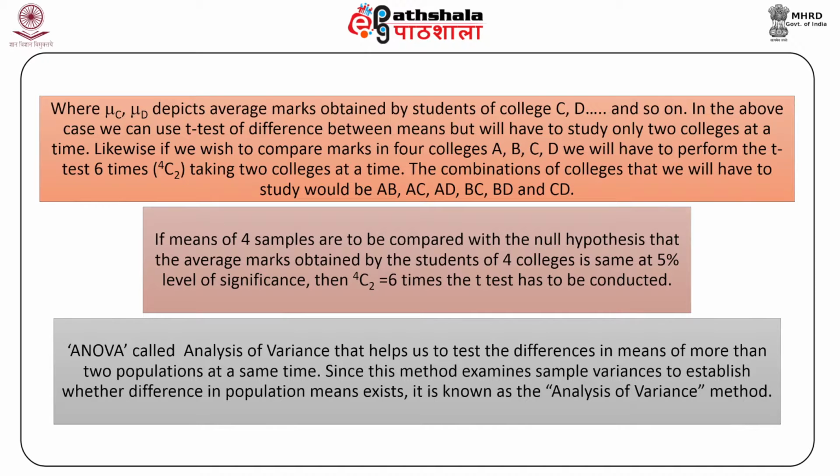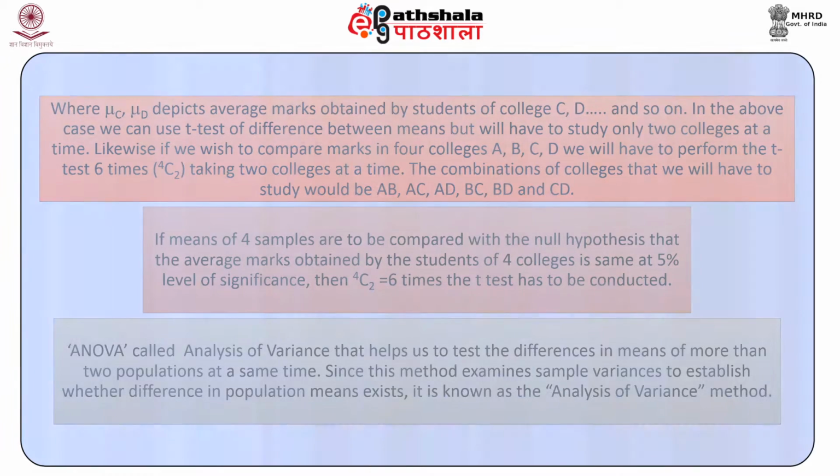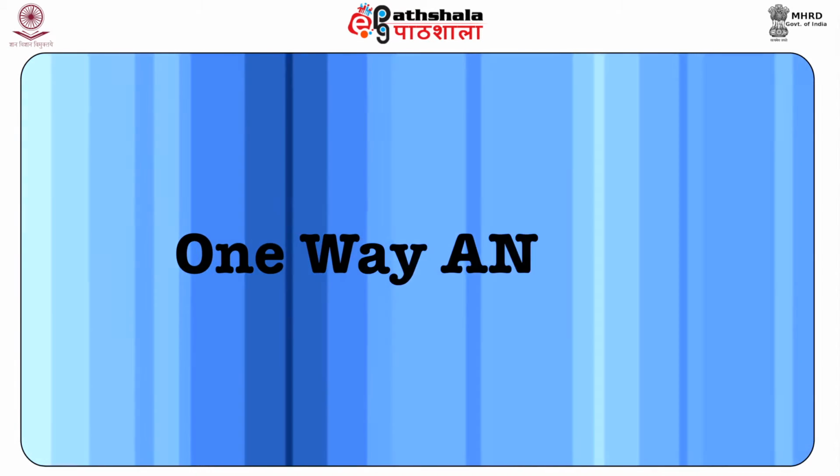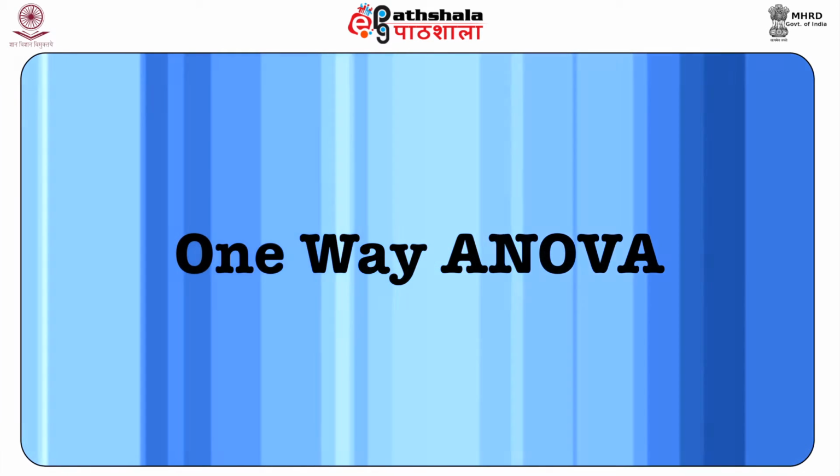Therefore, we have an alternative in the form of ANOVA, called analysis of variance, that helps us to test the difference in means of more than two populations at the same time. Since this method examines sample variances to establish whether a difference in population means exists, it is known as the analysis of variance method. Let us now look at one-way ANOVA.